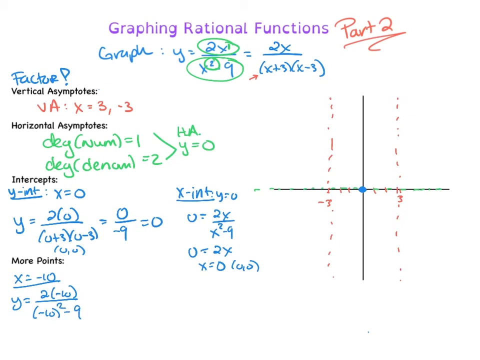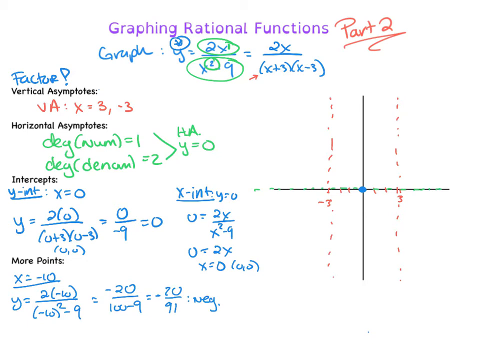I'll plug it into the original because there's only one x in that denominator. That gives us -20 over 100 minus 9. Now, just like in the last example, I don't care so much that the number is -20 over 91 and what that is as a decimal. What I care about is that this is negative.